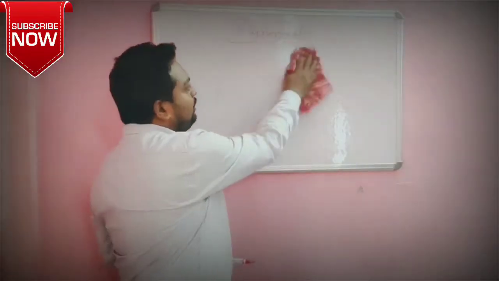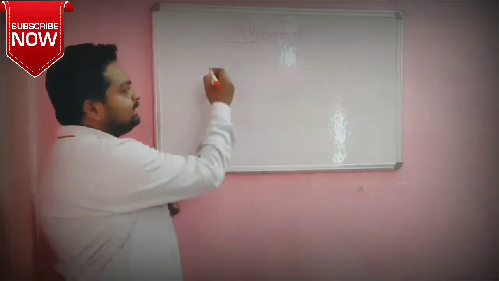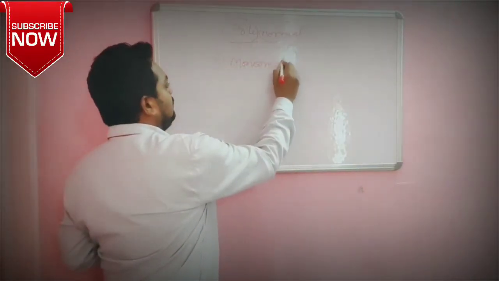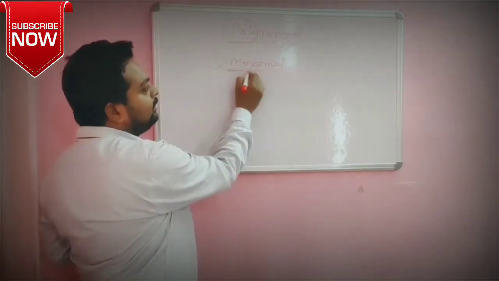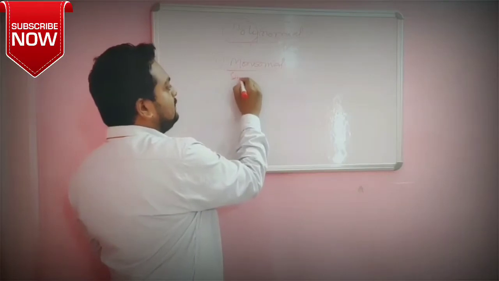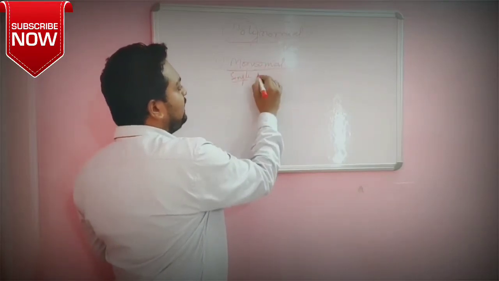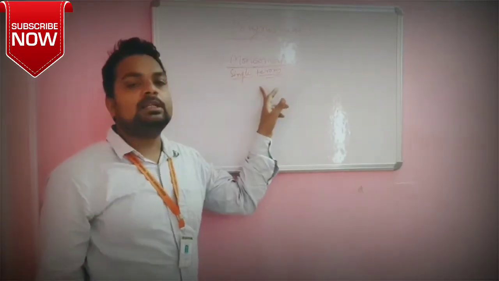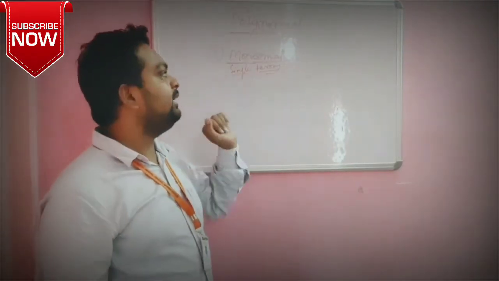So the divisions are, the first is monomial. Mono means single, and nomial means term. So by its name it is clear that monomial is the algebraic expression that has only one term.